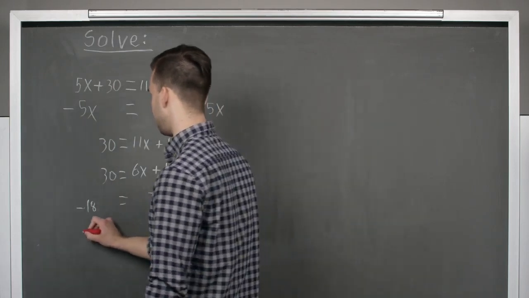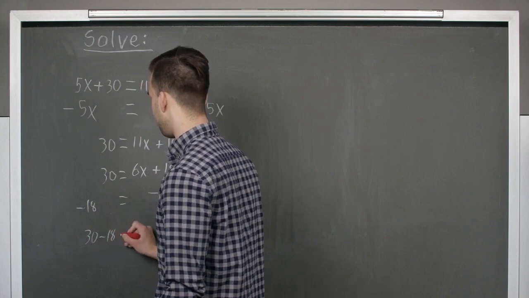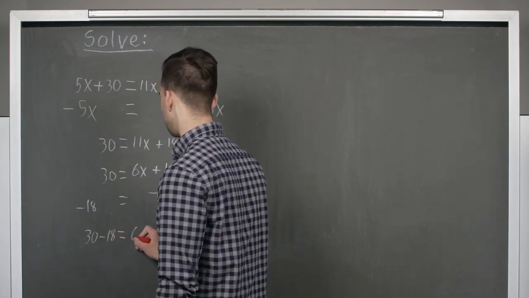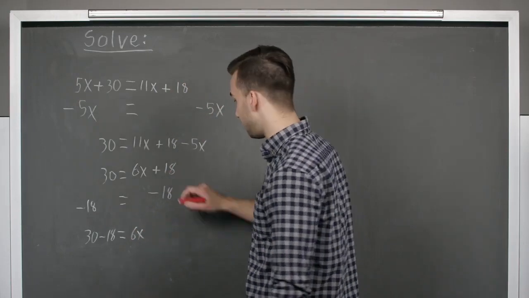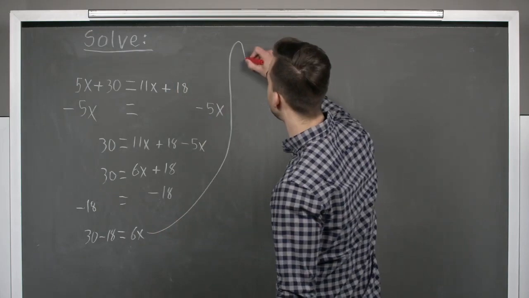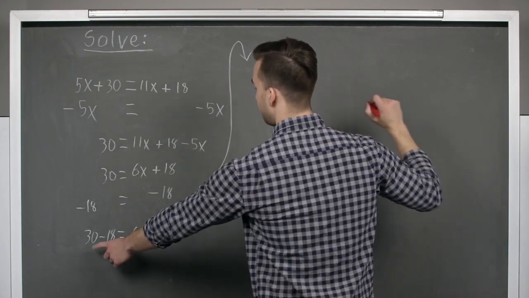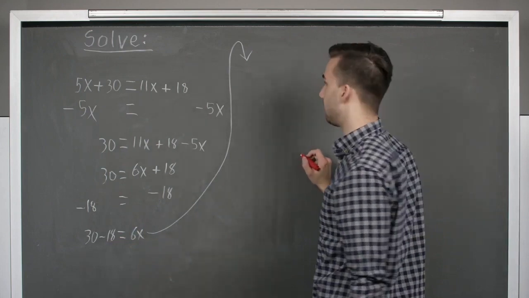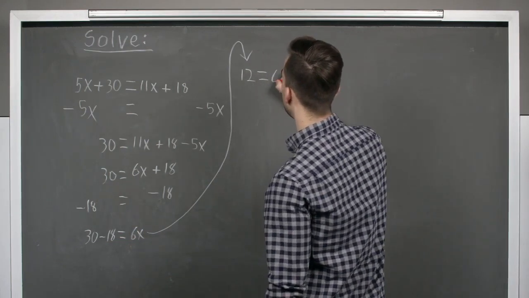Or I'll just write it as 30 negative 18, just so we can see here. Equals 6x. And this will be 0, right? Because 18 minus 18 is 0. So now let's bring this up here. And we have 30 minus 18 is 12. So we have 12 is equal to 6x.